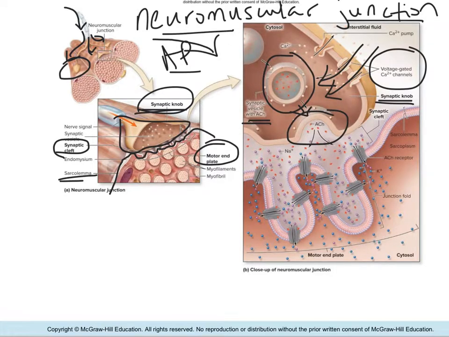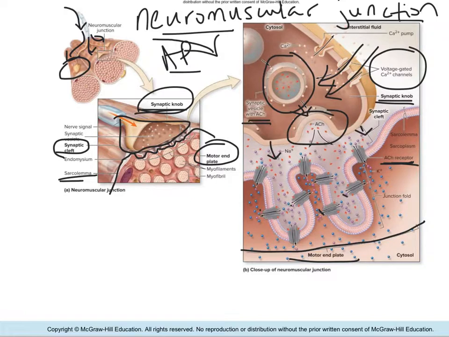That acetylcholine will diffuse across the synaptic cleft, and then it interacts with acetylcholine receptors that are located on the sarcolemma of the motor end plate. So there are sections of motor end plate. All these gray structures are the acetylcholine receptors.